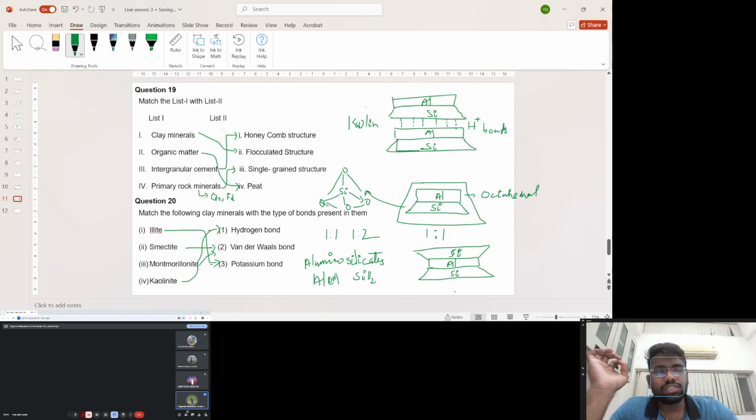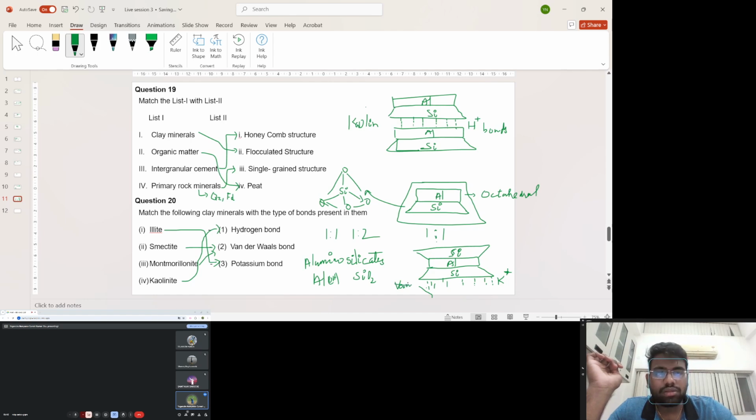So this is a 1:2 arrangement, and when you take two sheets like this, these two are bonded by potassium bonds in the case of illite. Similarly, in the case of montmorillonite and smectite, this bond is van der Waals force of attraction, a very weak bond.